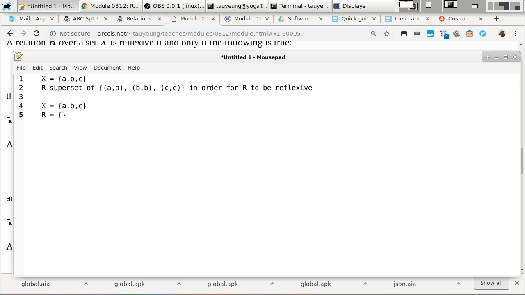So if you choose A as E and B as F, EF is missing from R, but so is FE. So that's why it is automatically symmetric. Yep. That is true for any set X. That is correct. Why would it not be? I mean, that's the question. Why would an empty relation not be symmetric?